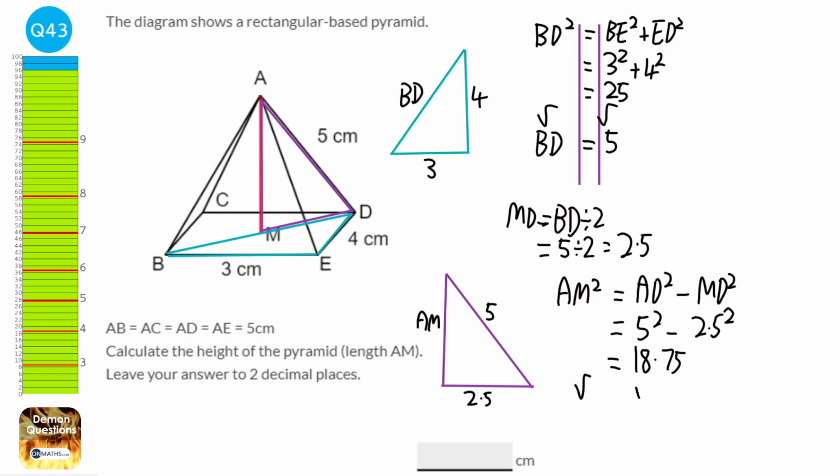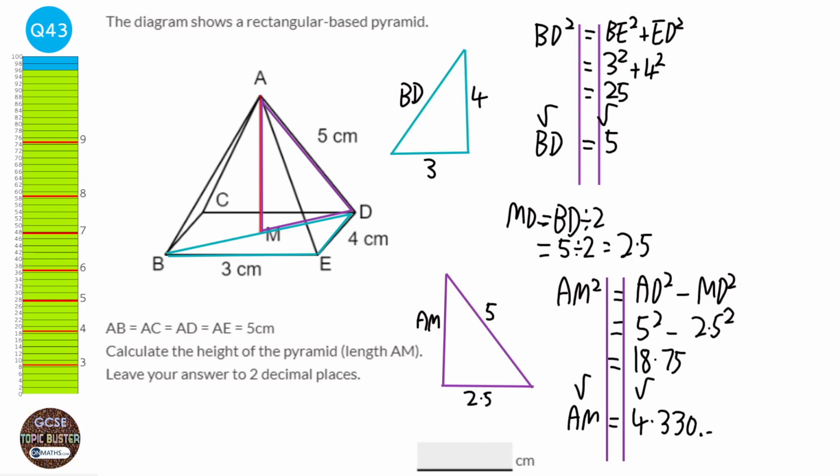Then we'll square root both sides. I haven't put my tram lines in. Let's get those in as well. Make sure it's all neat and tidy. So we've got AM is equal to 4.330, and because it says 2 decimal places, we want to write down the answer 4.33 centimetres.